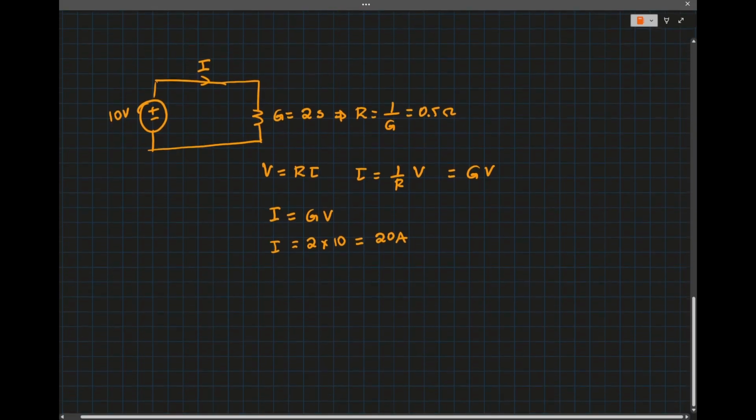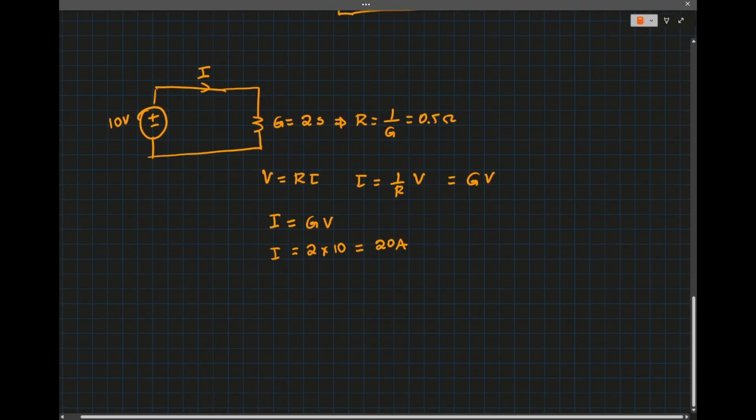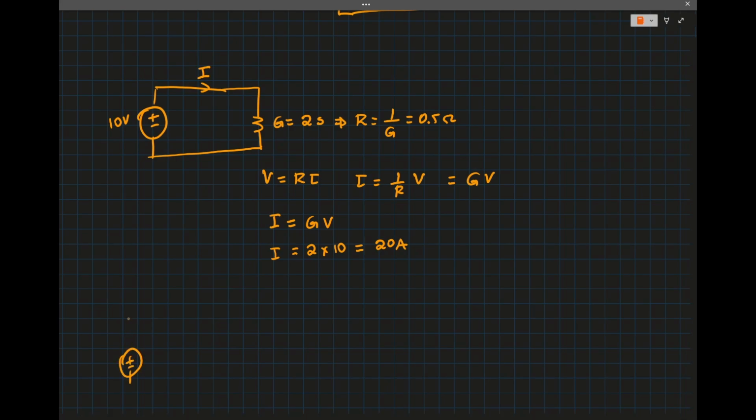Now, let's talk about the sign convention also. Let's say you have a source here, and the voltage source is labeled as this.